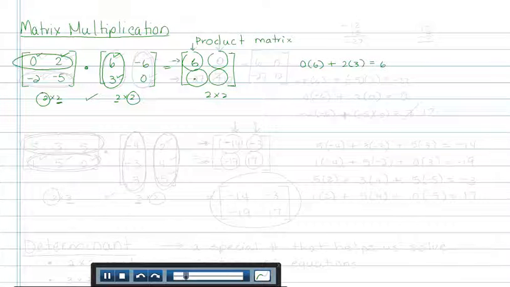This number right here is in the second row, first column. So you will work with the second row and with the first column. How are you going to get the value of this number? You're going to multiply the corresponding numbers. So it's going to be -2 times 6 plus -5 times 3.